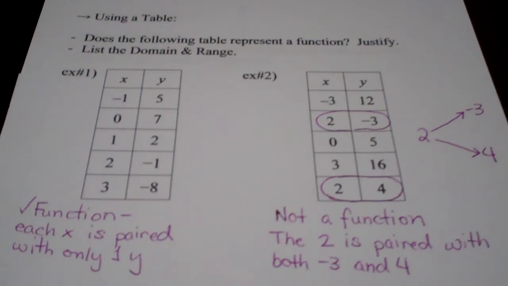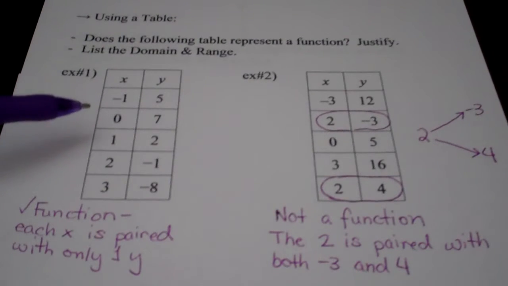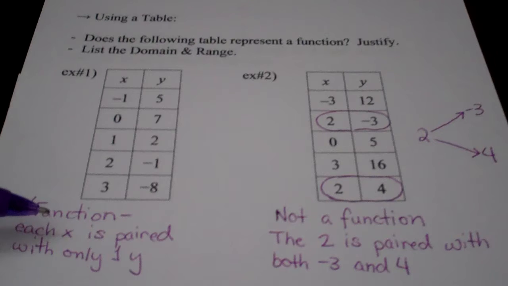Okay, so let's add to this the idea of domain and range. For a table, it's kind of unique because all we have is what's listed in the table. We can't assume, even if there's a pattern, that the table continues. Right? We only have the information in the table. The nice thing about that is, usually if it's a table, it's a relatively small list of x values and y values.